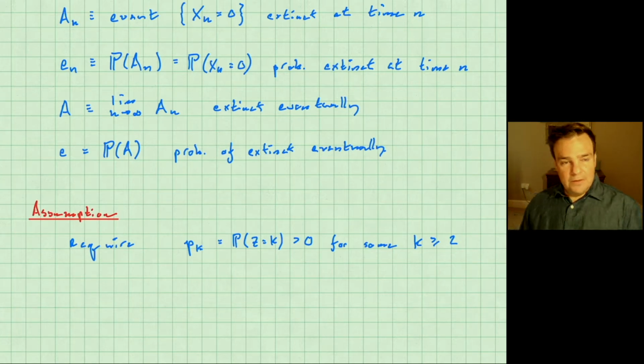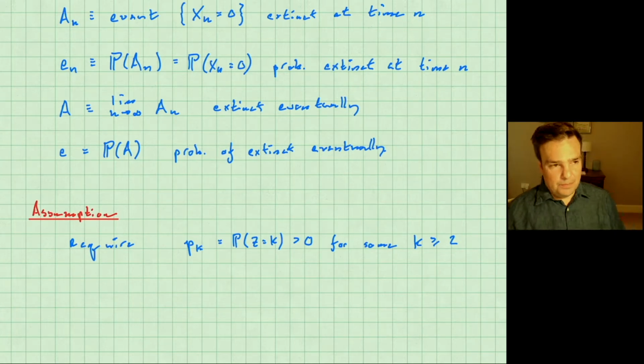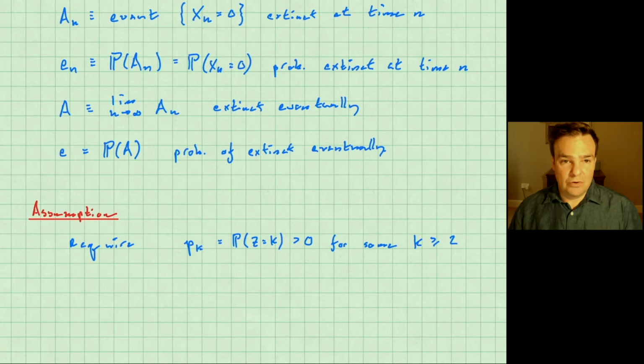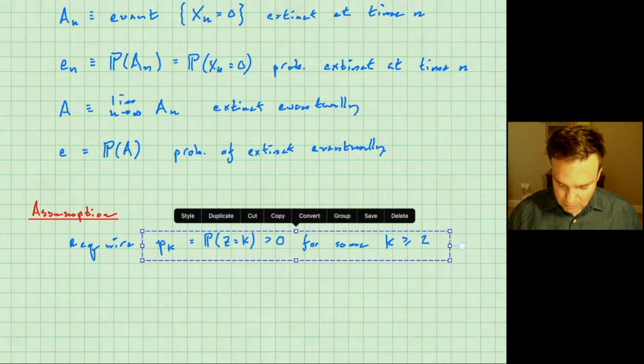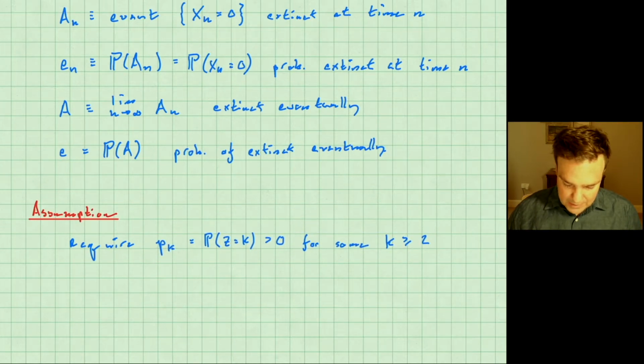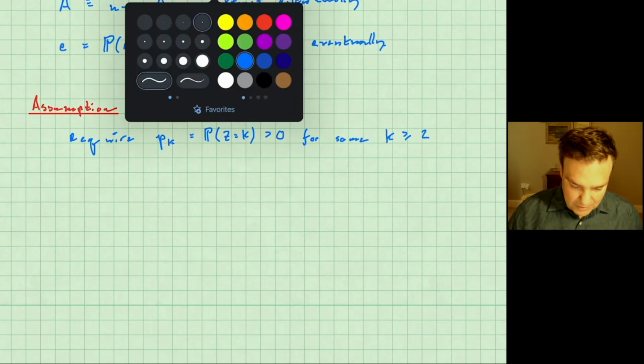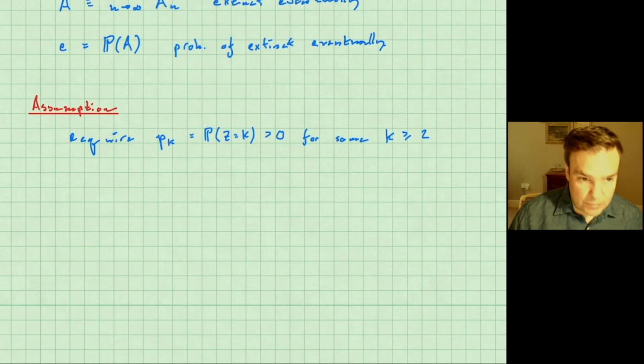So it can't be the case that net branching never occurs. So we're not going to allow that kind of odd scenario. So we're going to make this requirement going forward. And now let's work on our little propositions.